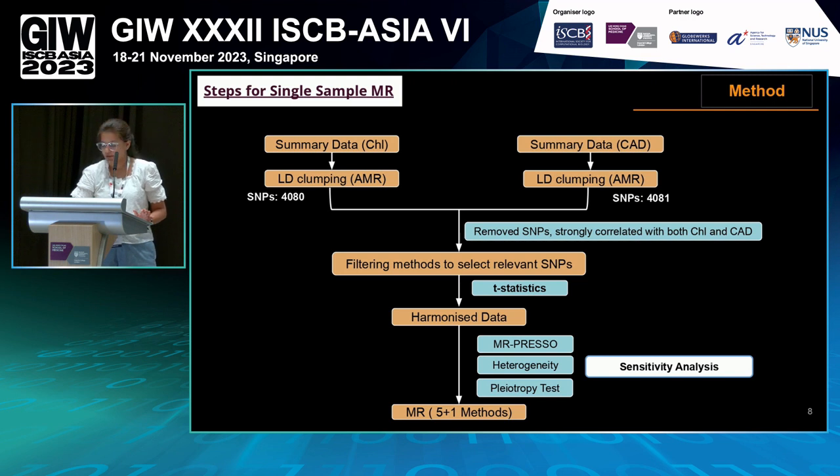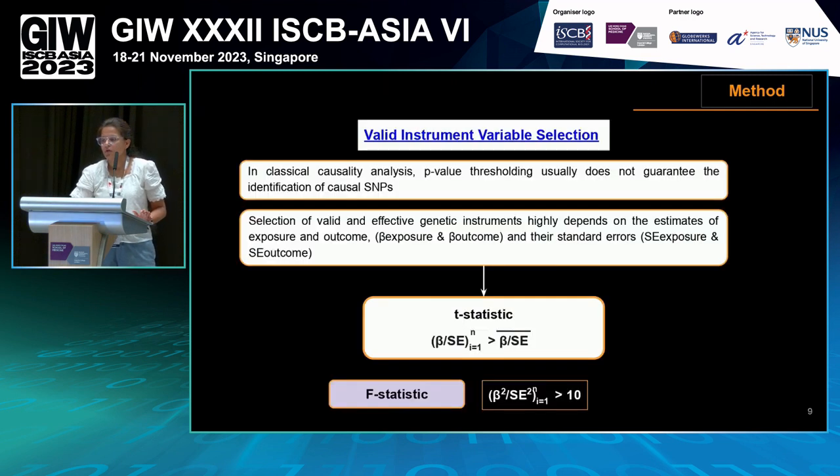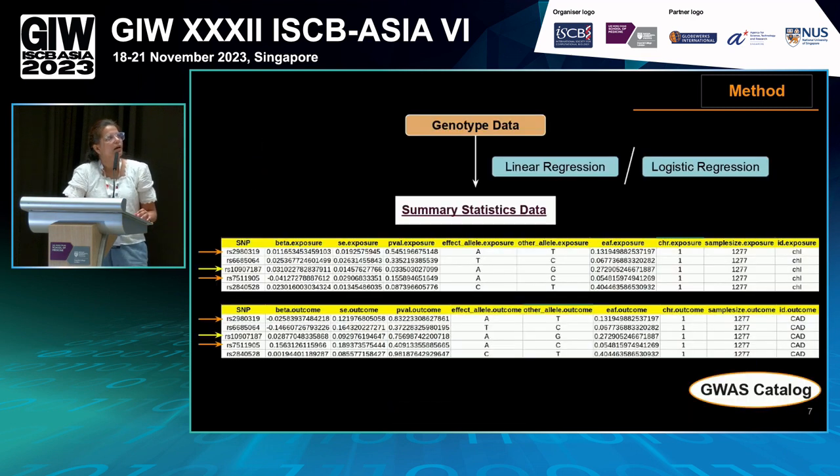About the feature selection method, in classical GWAS and MR, they all depend on the p-values, and we all know that p-value does not always guarantee significantly associated or causal SNPs. Whatever data we have, we only have beta and beta standard error other than the p-value.